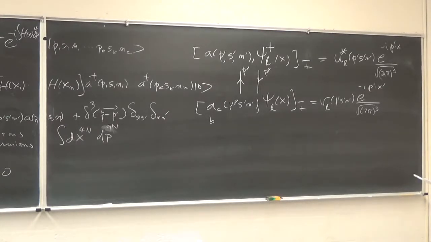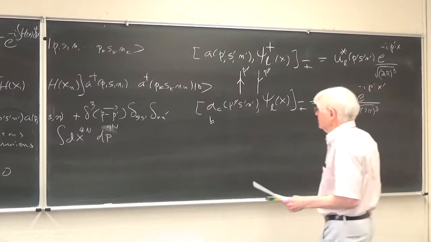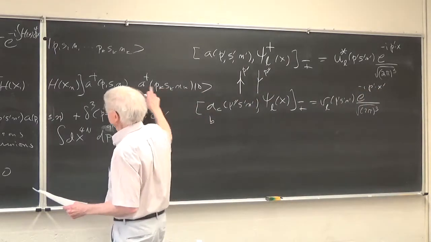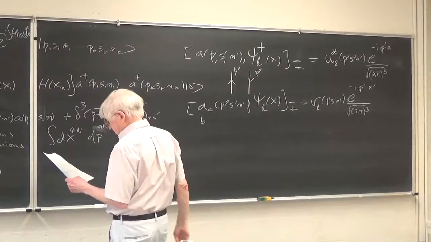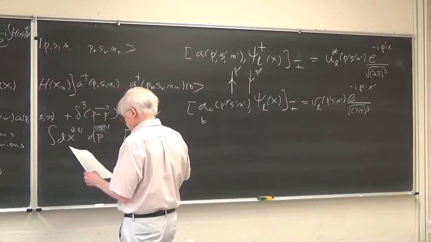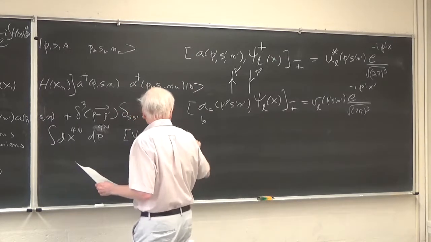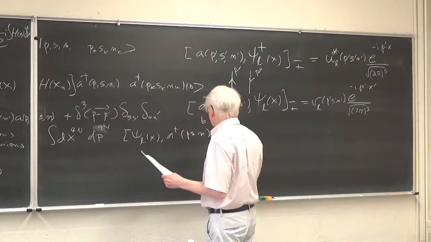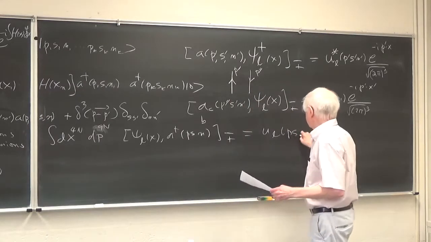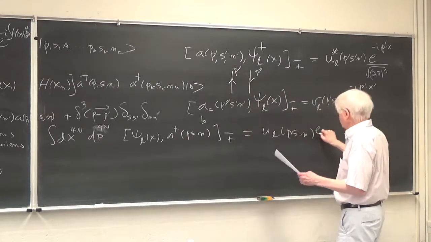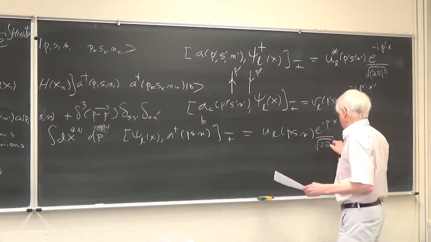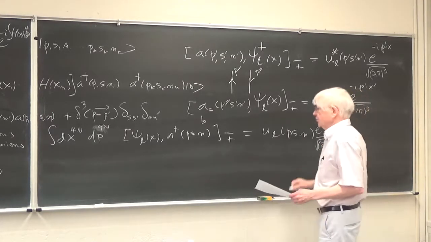And then, of course, you can have a particle in the initial state that pairs with a field in one of these, and then what you have is psi L of X, a dagger PSN, and this gives you UL of PSN, e to the I P dot X over root 2 pi cubed.